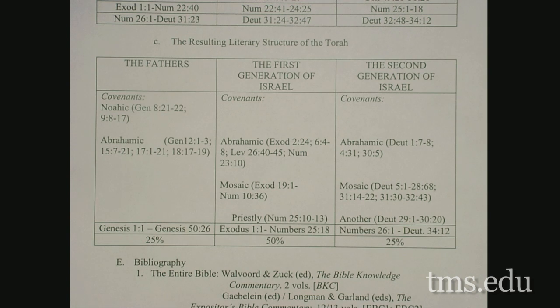And then balancing the first part of the Torah is a final 25% that gives the history and Moses' exhortations to the second generation of Israel.